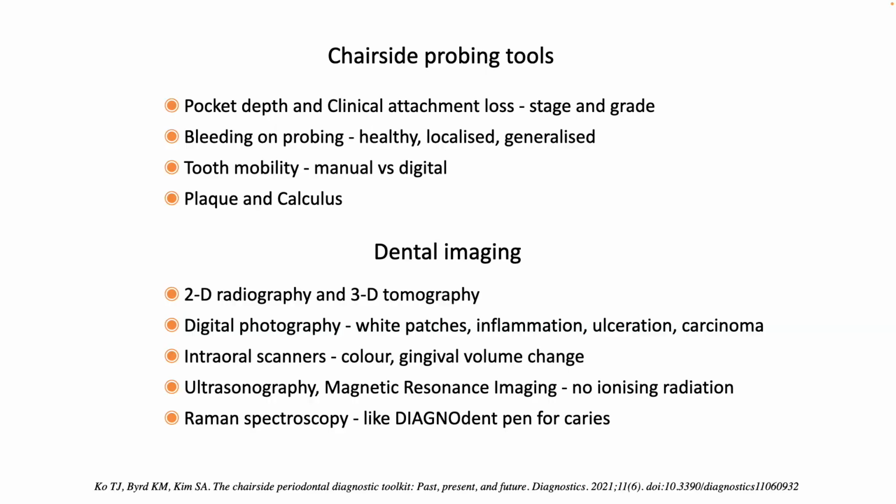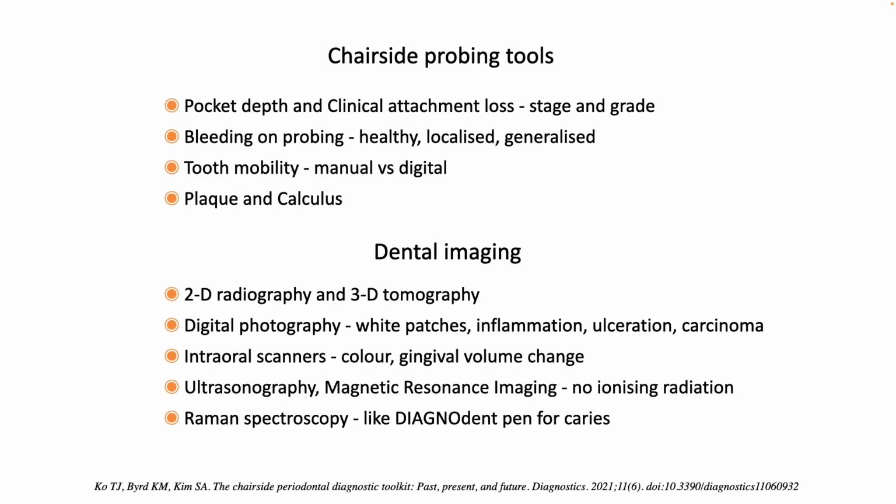So we have our tools. We measure pocket depths, we measure clinical attachment loss. We see if there's bleeding when we probe into the pockets, if the teeth are moving, if there's plaque and calculus around the implants. And we can also use dental imaging. There's very advanced imaging nowadays. We can use cone beams.